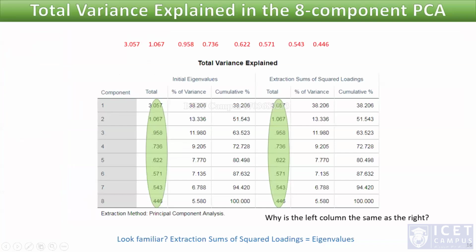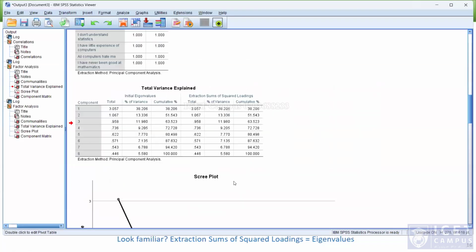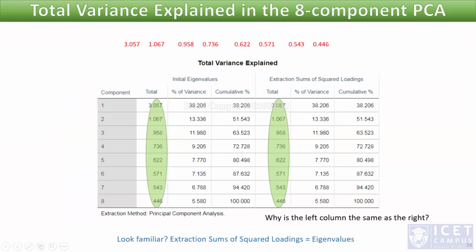After the extraction, you can see the sums of the extraction, but these values remain the same. You can see the left column is the same as the right. It's actually that extraction sum of the squared loadings equals the eigenvalues. Therefore, it remains the same as these eigenvalues.